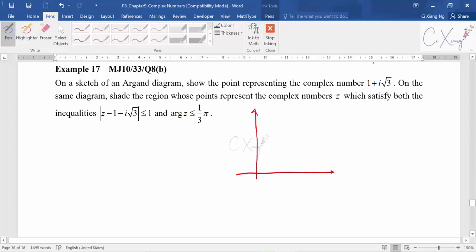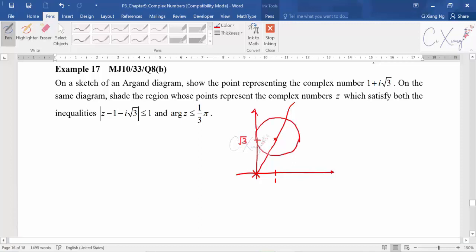So I have 1 point here, and then the line passes through this point. This value is square root 3. And then I have a line. Then I have a circle. Hey, my circle is not so nice now.